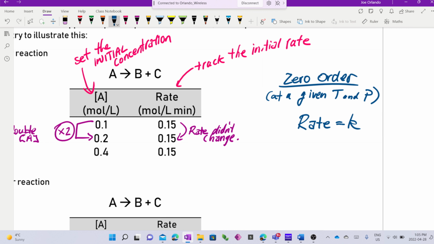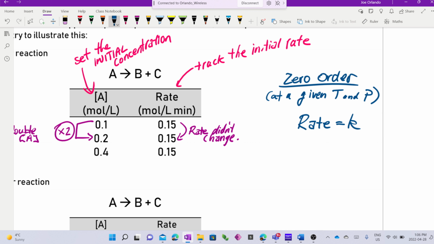It's some constant k. Very good. And if you note here, finding k is super easy. What is k for this reaction at this temperature and pressure? 0.15. No matter what, at this temperature and pressure, the reaction rate is 0.15, 0.15, 0.15.